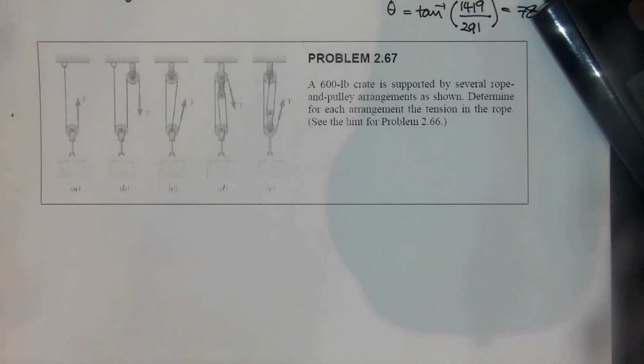So second problem, problem 2.67. A 600-pound crate is supported by several rope and pulley arrangements as shown. So 5 of them. Determine for each arrangement the tension in the rope. This crate is 600 pounds, right?